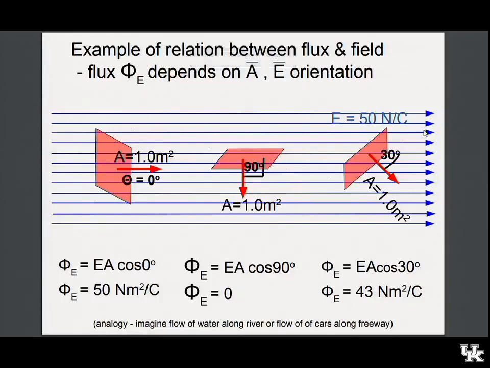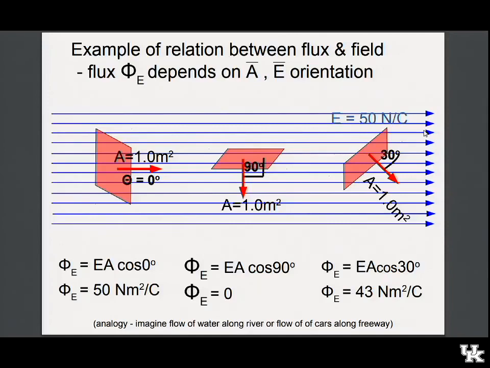Finally, not only does the flux depend on the field strength and the surface size, it depends on the orientation of the surface within the field, the relative orientations of E and A. So look at this example.